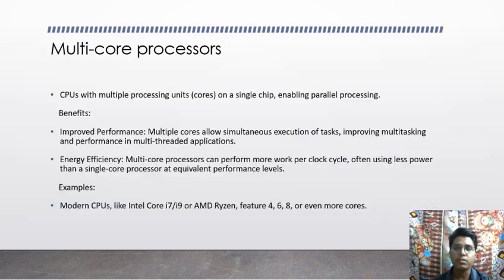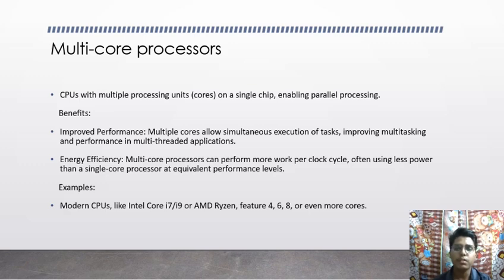Multi-core processors: central processing units with multiple processing units, or cores, on a single chip, enabling parallel processing. Benefits: improved performance. Multi-cores allow simultaneous execution of tasks, improving multitasking and performance in multi-threaded applications.